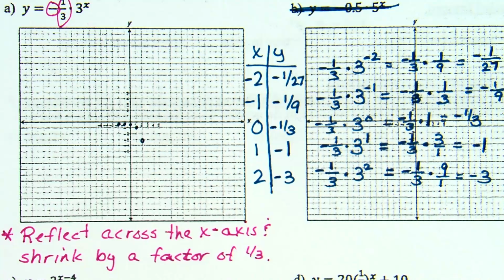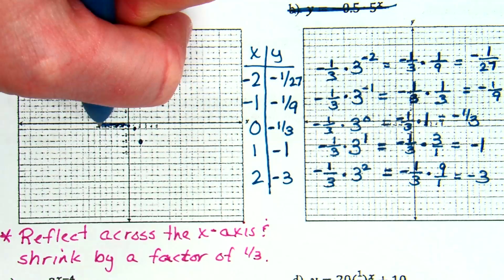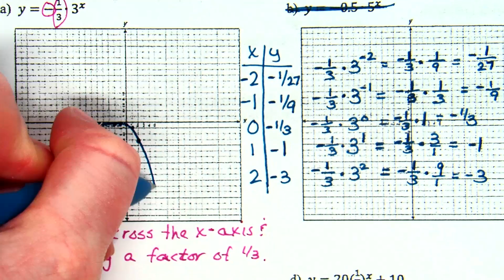Can you see the shape your graph is taking? Okay, even though the points aren't the best because the grid isn't the best. The graph is going to run along the bottom of the x-axis, and then it's going down that way.